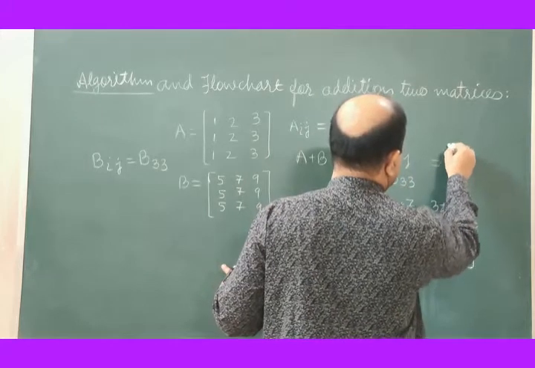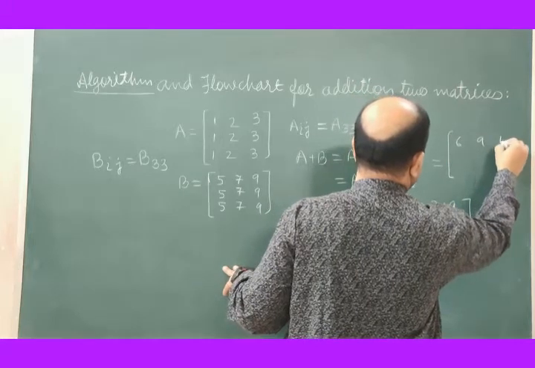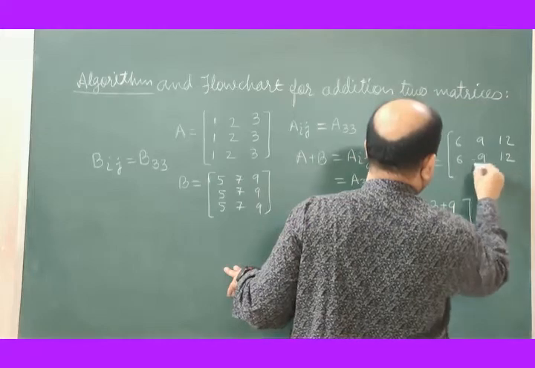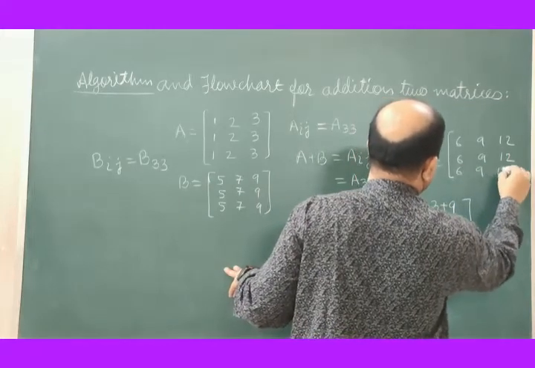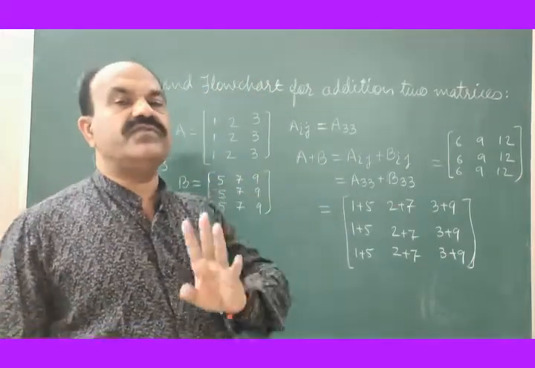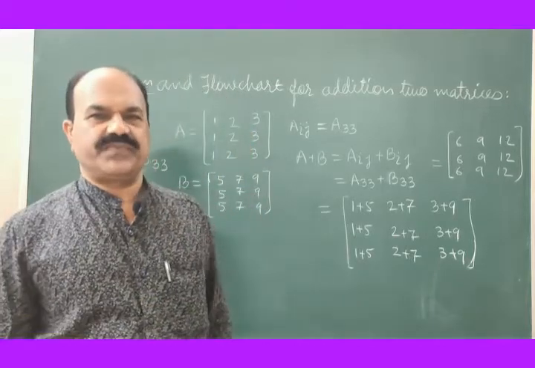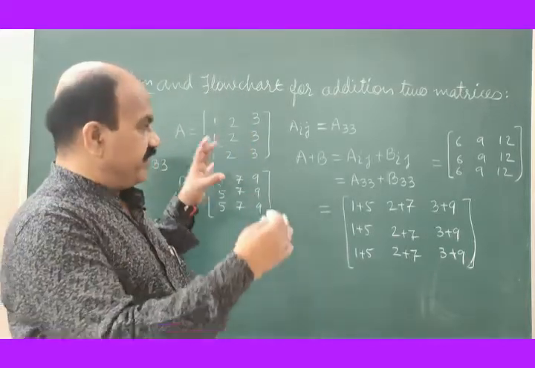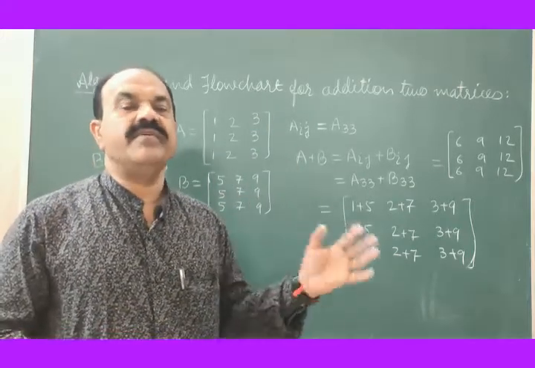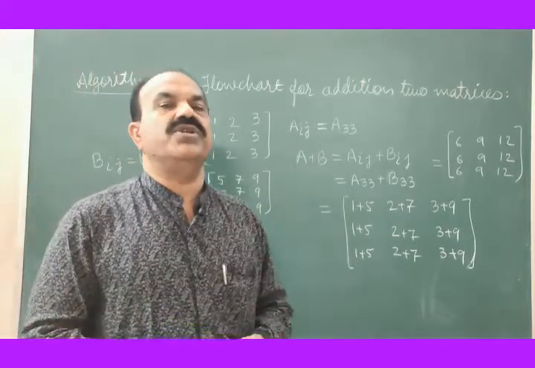And this will be simply 6, 9, 12, 6, 9, 12, 6, 9, 12. This is the general, simple way of getting addition of two matrices. Let us keep this procedure in our mind.